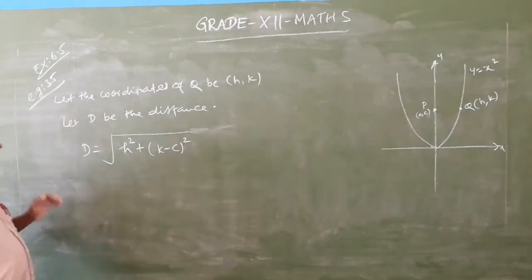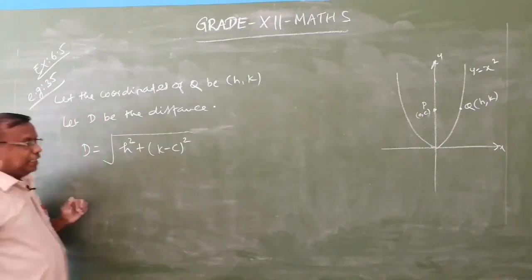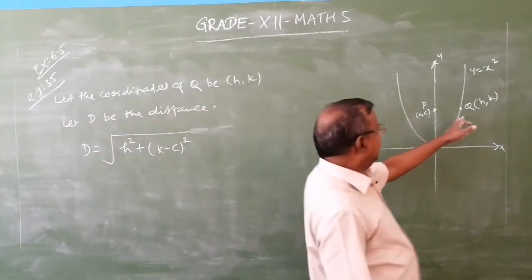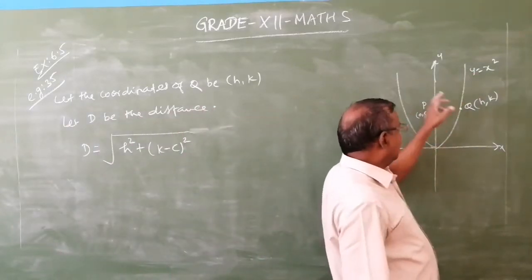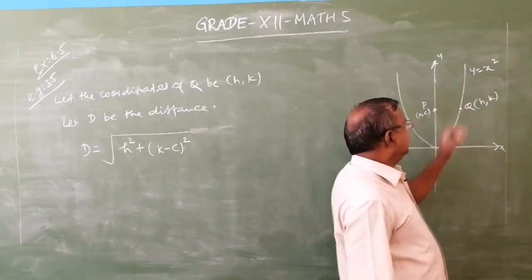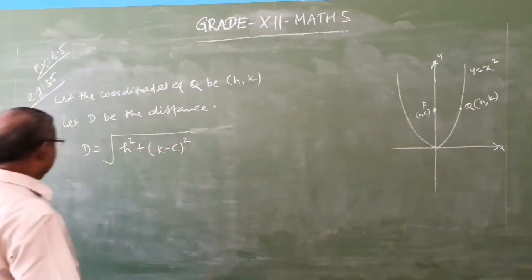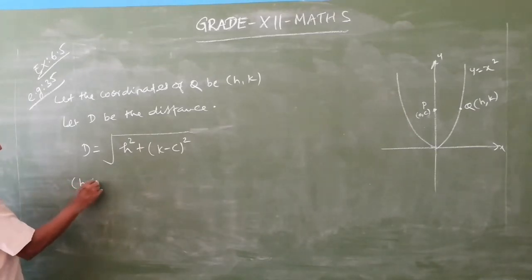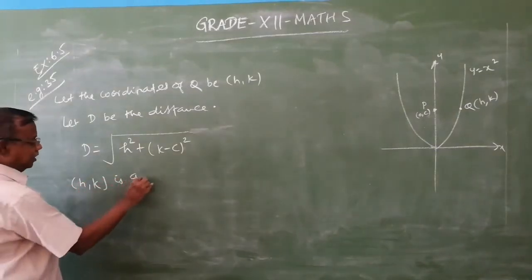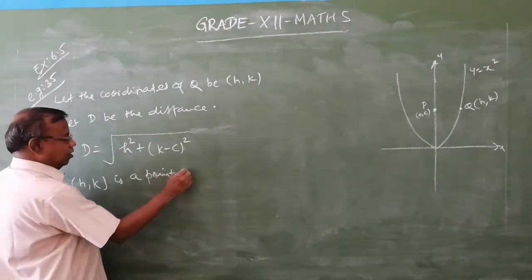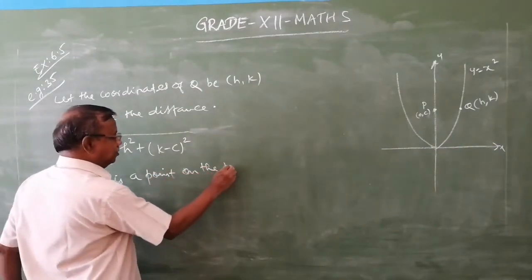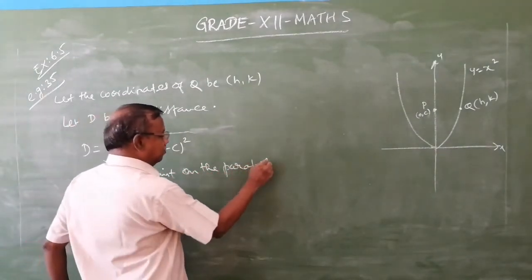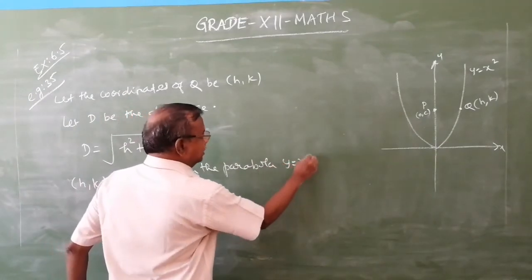So this is one. Now we have the point (h, k) lies on the parabola, so at that point we need to substitute in the given equation. So (h, k) is a point on the parabola y equal to x square.